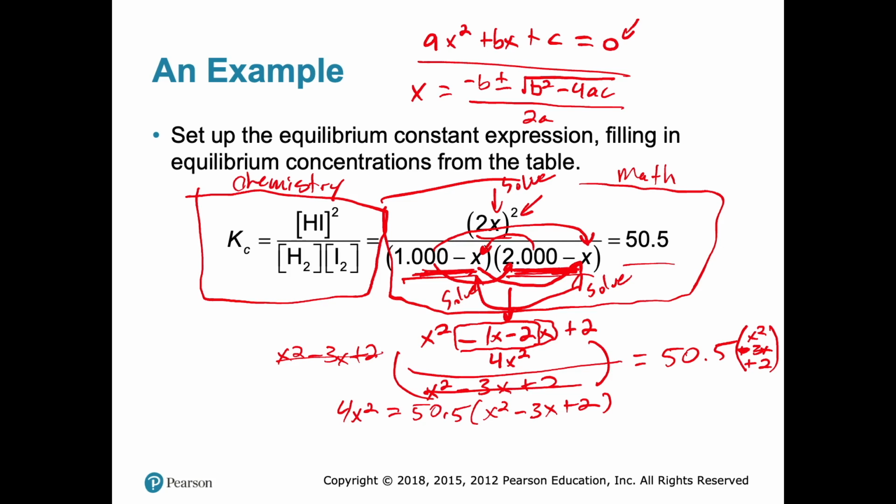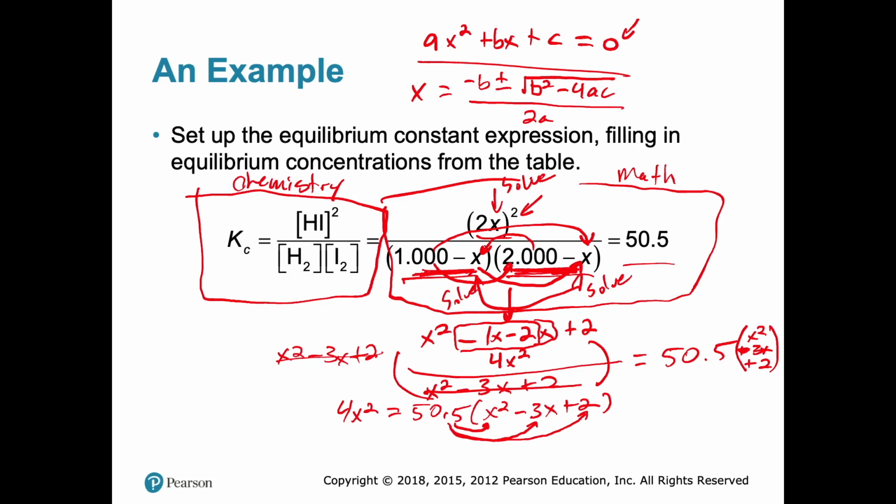Well, the next step is to multiply out the 50.5 to the binomial expression. So you got to multiply 50.5 times this, 50.5 times this, and 50.5 times this.